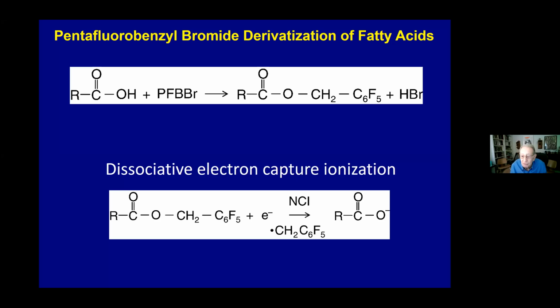Initially, people used methanolysis to make methyl esters, and subsequently many specific derivatization agents have been developed. We happen to use for our fatty acids pentafluorobenzyl bromide derivatization, and then it's very efficient in dissociative electron capture ionization, so we get very clean results with that.